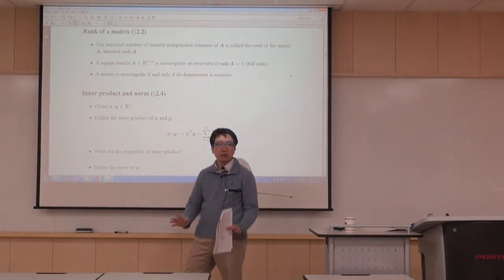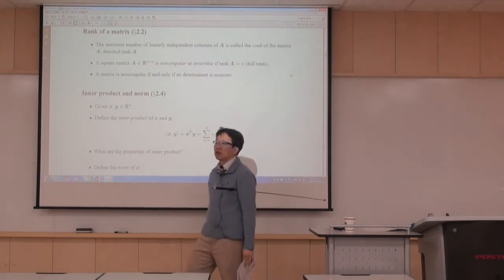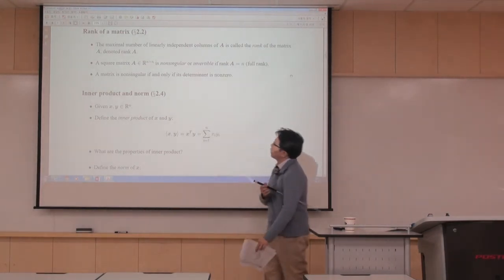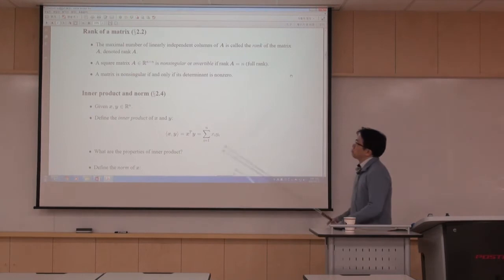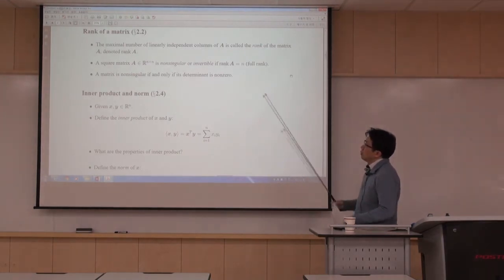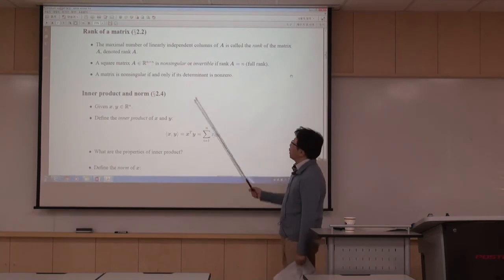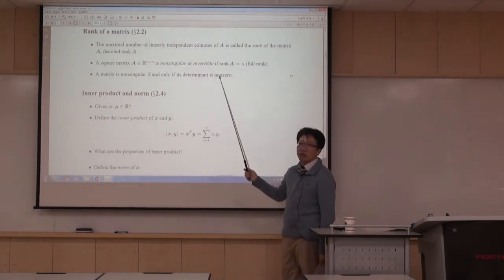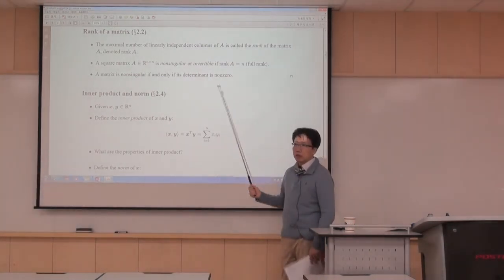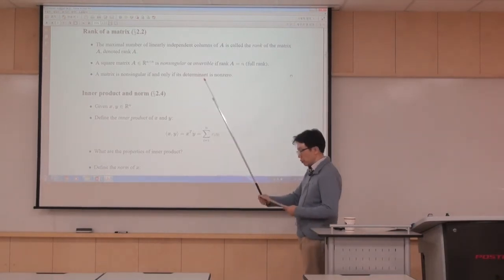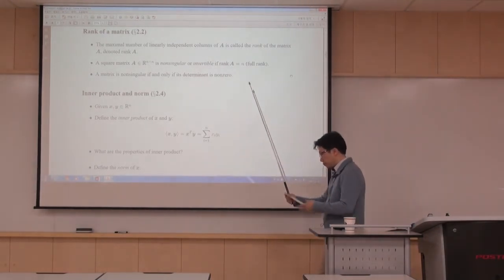Got it? Okay. Otherwise, you will get confused a lot. By the way, to understand this consequence, okay, you have to know the definition of a determinant of a square matrix. Okay, the textbook has it. Okay, so you read the textbook.